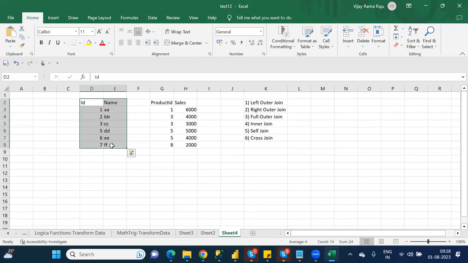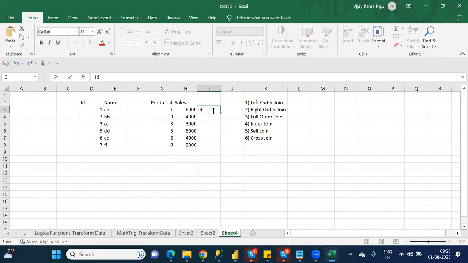ID. And in this particular data set? Product ID. So we are taking these two columns as the common column between the data sets.